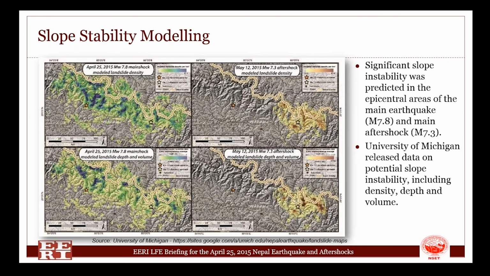If you're looking at slope stability modeling that was available at that time, this instance is showing the University of Michigan model for both the main event and the aftershock. It shows that the majority of the slope instability is focused in the eastern areas of the aftershock itself.